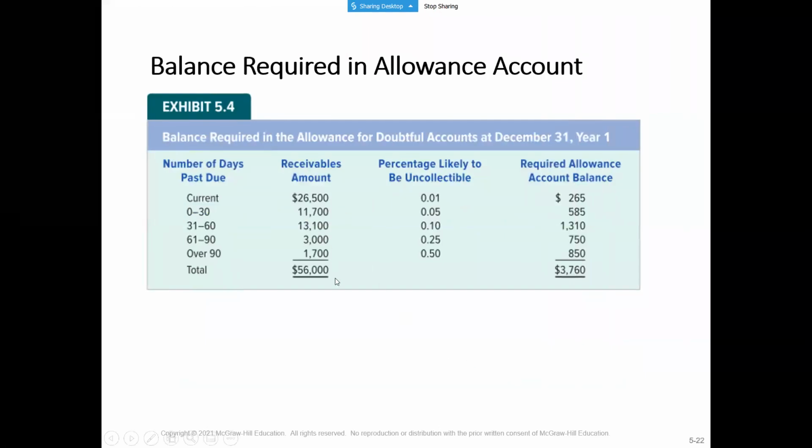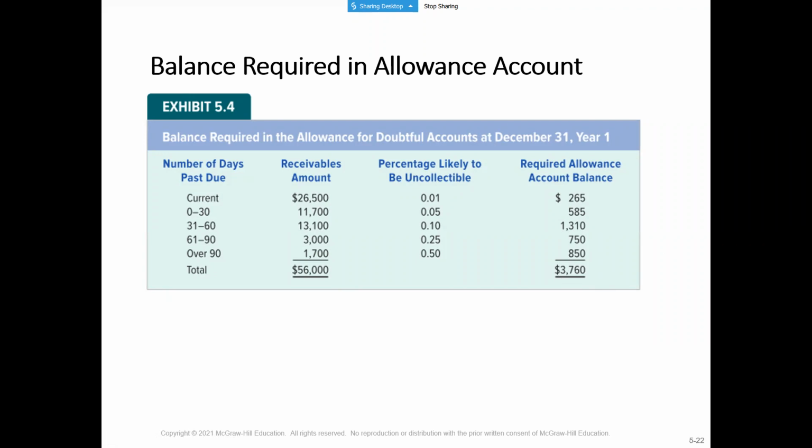So you would see something like what we see in Exhibit 5.4, which is the top of page 172. And this would be how we would construct our ending balance in allowance for doubtful accounts, allowance for uncollectible accounts. That would be our ending balance.